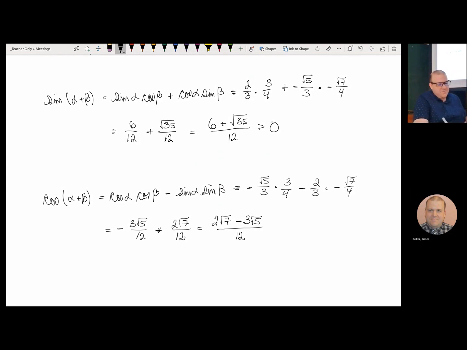Is that positive or negative? We use a calculator. We shouldn't need one. All right, I don't have my non-perfect square roots on it. You don't really need to have them memorized.